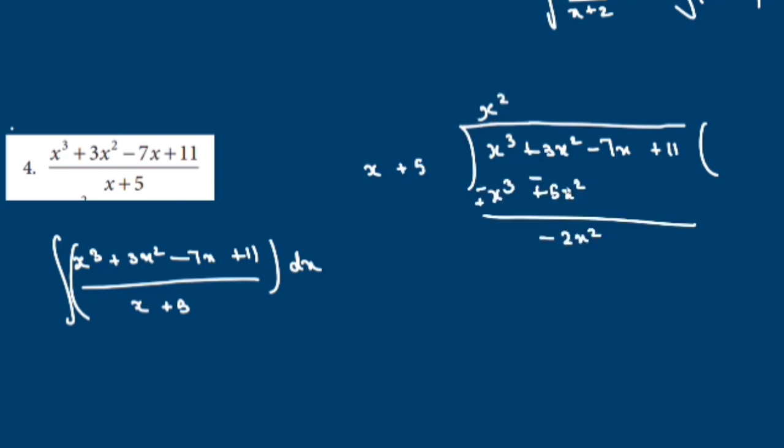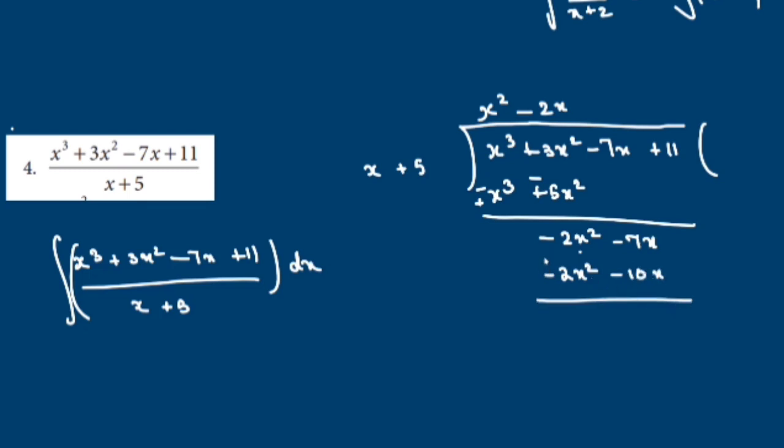Now multiply: x cube plus 5x square. Now divide the first term by the first term. So minus 2x square by x will give you minus 2x. Now multiply. After dividing this, multiply. So you will get here minus 2x square minus 10x.